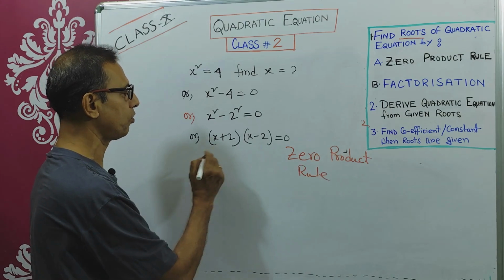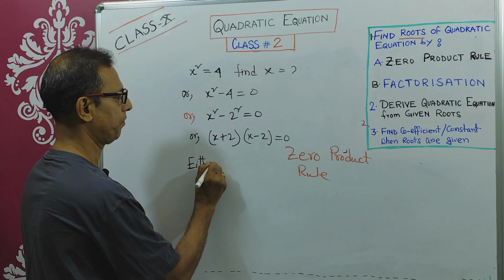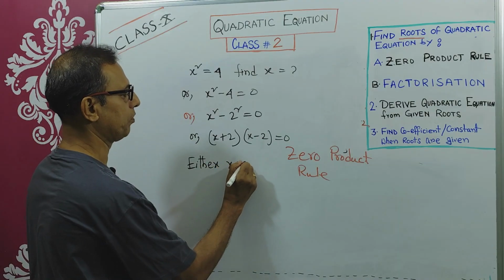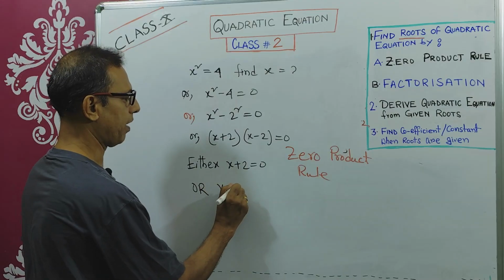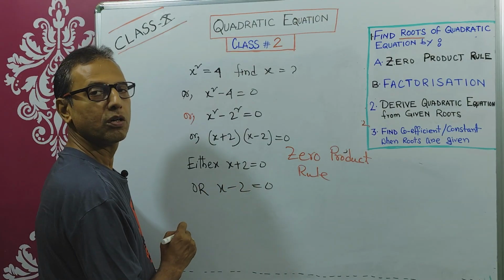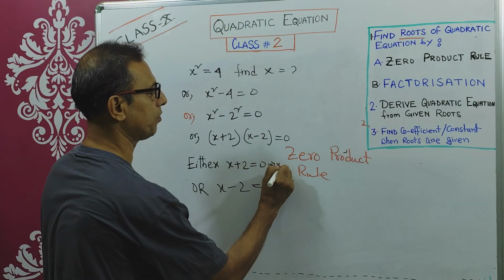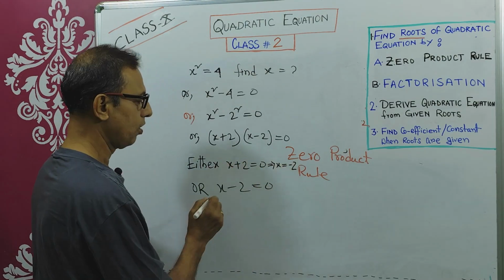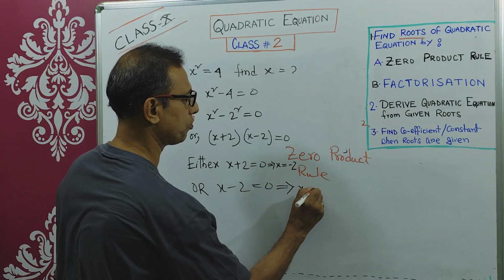That means either x plus 2 equals to 0 or x minus 2 equals to 0. When x plus 2 equals to 0, you get x equals to minus 2. When x minus 2 equals to 0, you get x equals to 2.